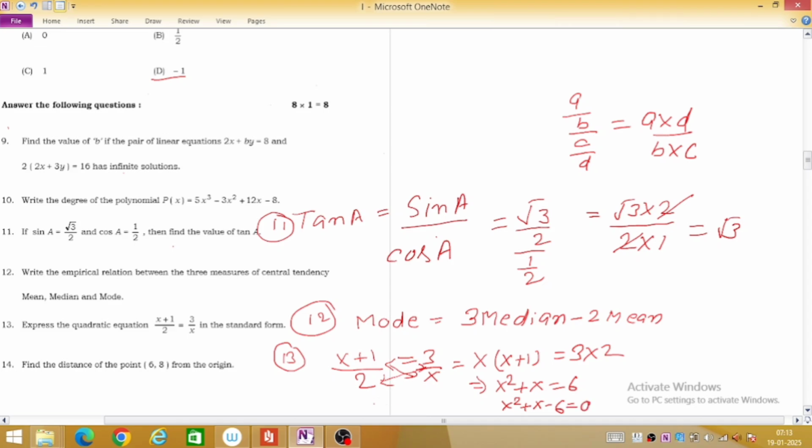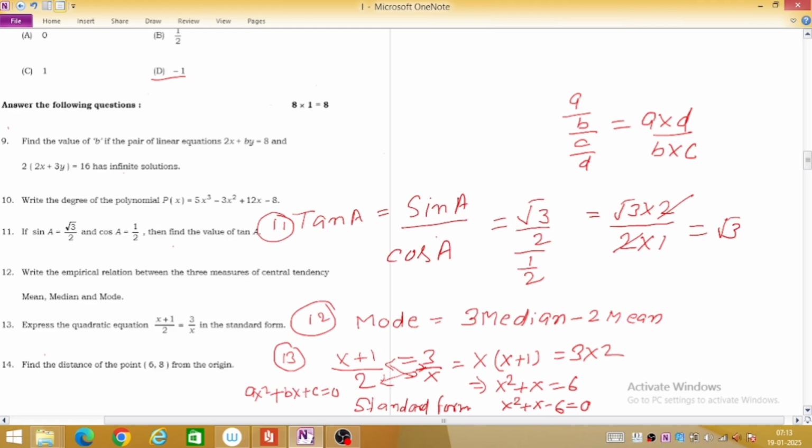This is the standard form of quadratic equation. The standard form of a quadratic equation is ax square plus bx plus c equals 0. Then here a value is 1, b value is 1 and c value is negative 6.